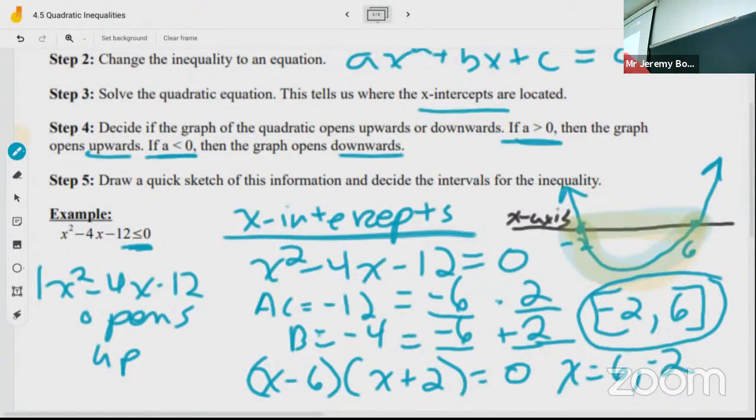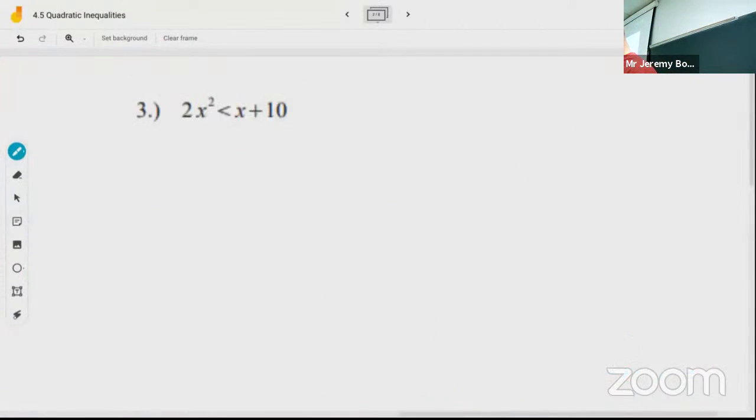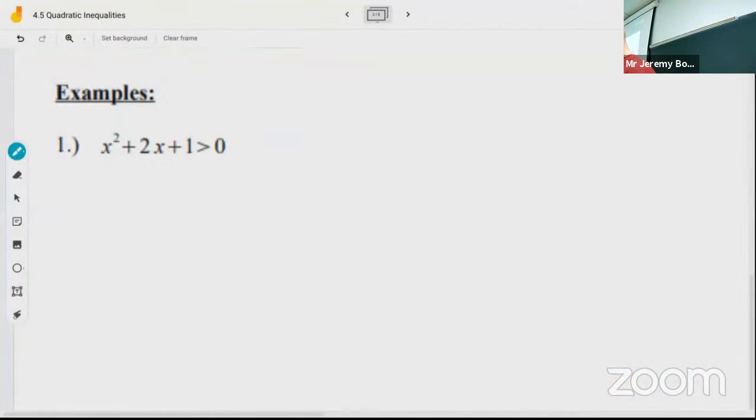Give y'all one to try on your own. You've got x squared plus 2x plus 1. You want to know where it's greater than 0. So, same thing. It's already set up. We already have one side is 0.